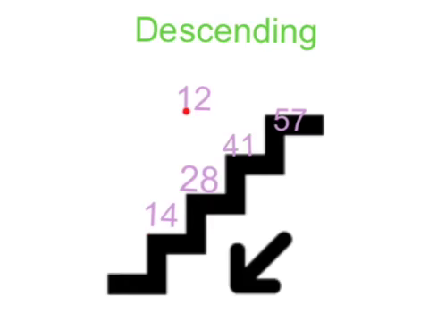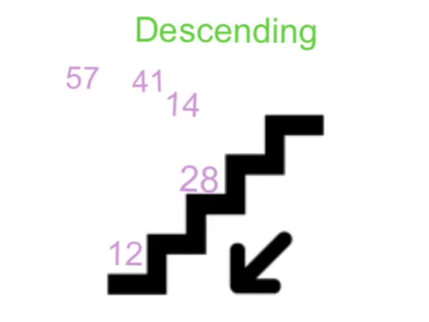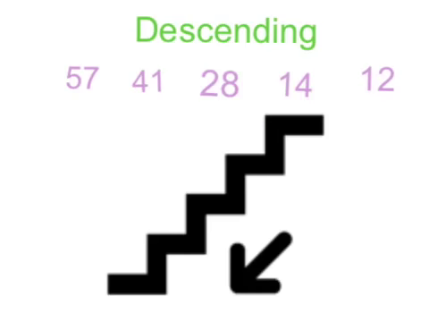Because the first 2 numbers were the same, we look at the second number in the ones column to help us out with that. And then, of course, 12 would come next. So descending order, we have 57, 41, 28, 14, and then 12. So it's going from biggest number to smallest number.